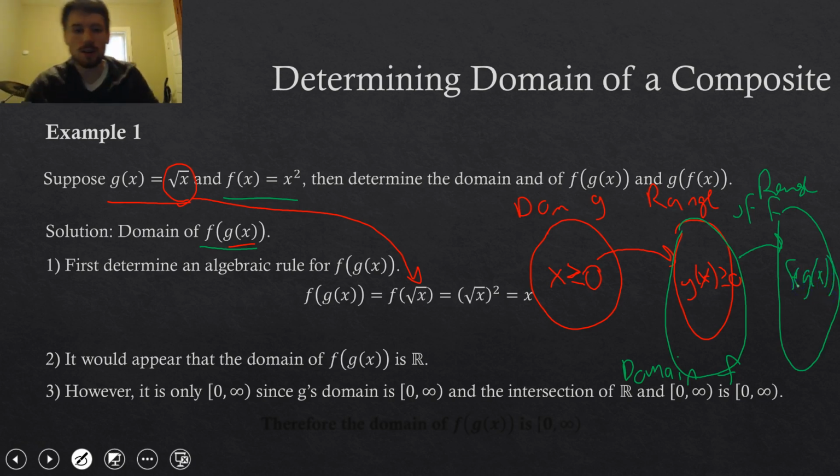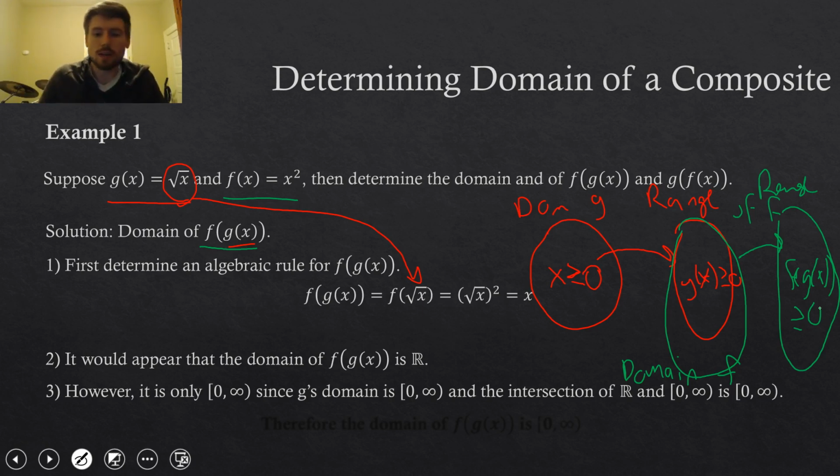Right? So we started off. Where did we start? We started off with positive or zero numbers. We ultimately ended up in the range, which is also positive or zero numbers. So our domain is from 0 to infinity. Because g's domain is from 0 to infinity, that's our inner function.